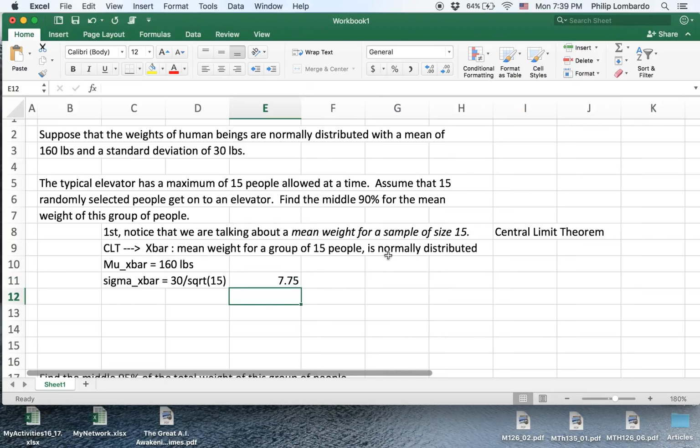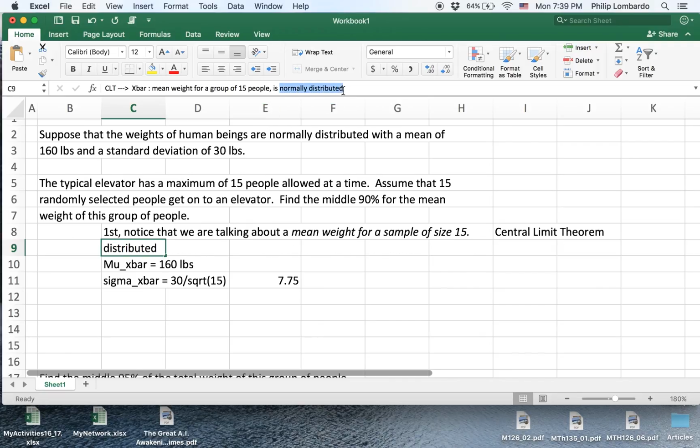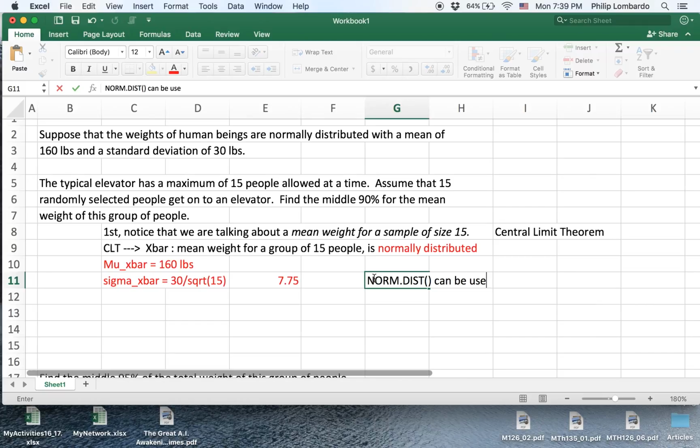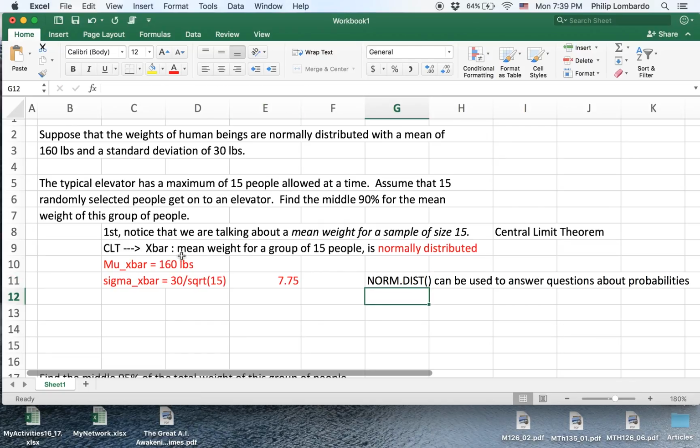So we know it's normally distributed. We know exactly what our mean is, and we know exactly what our standard deviation is. So essentially what this means is that norm.dist can be used to answer questions about probabilities involving x bar, this random variable.